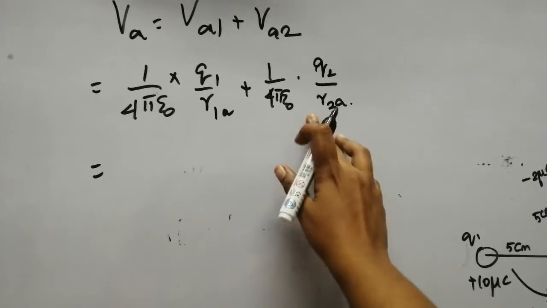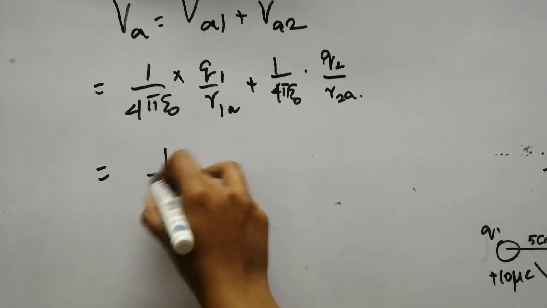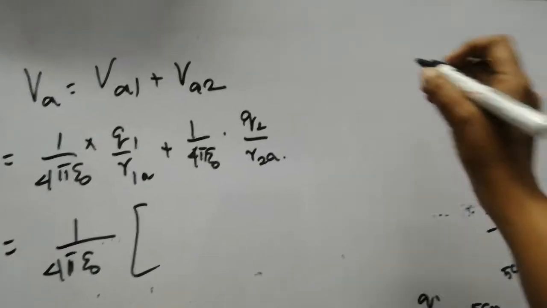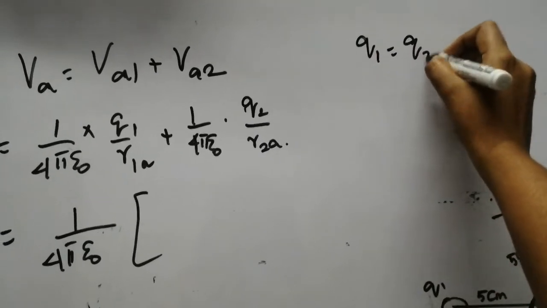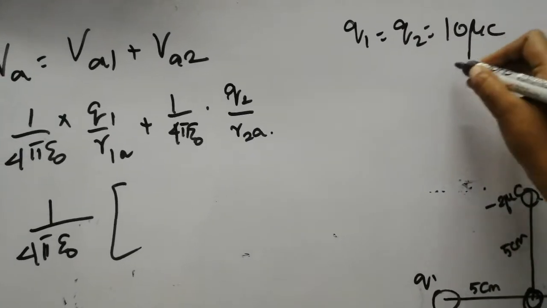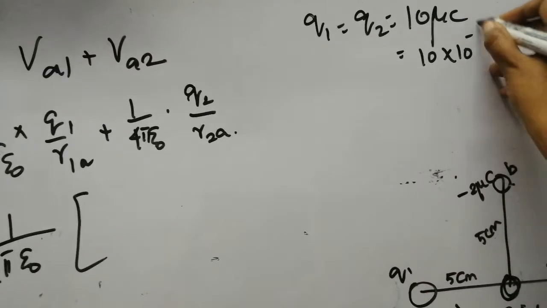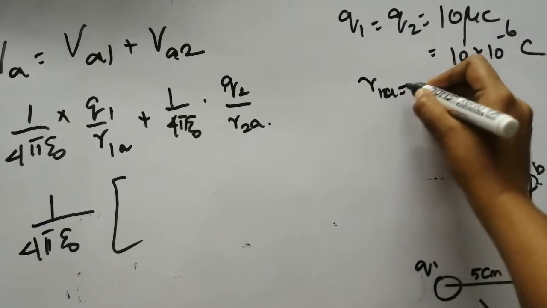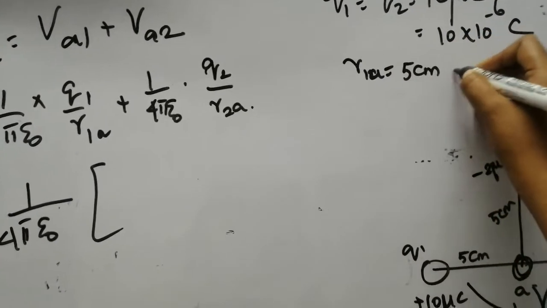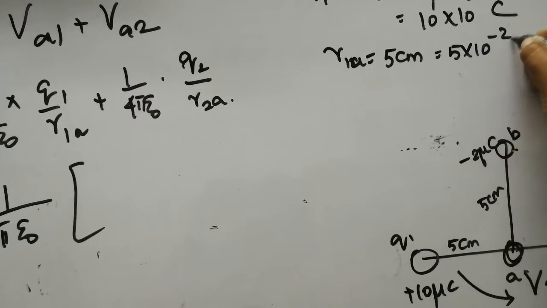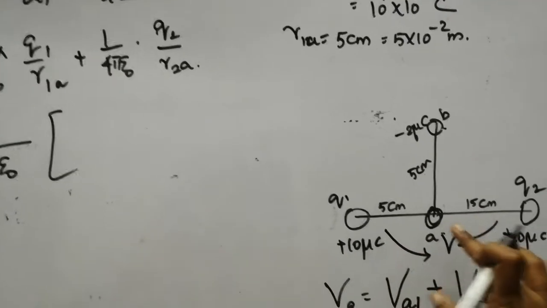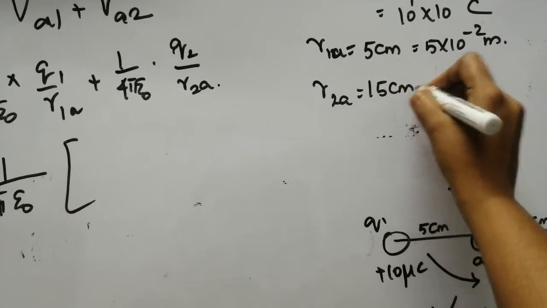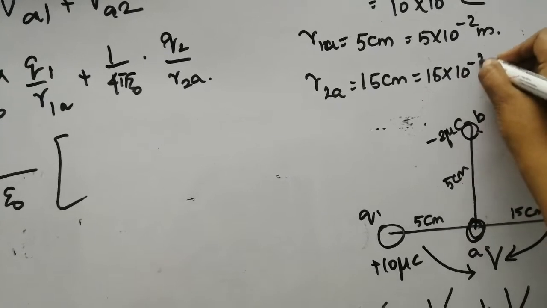Here 1 by 4 pi epsilon naught is common, so take it outside. Q1 and Q2 are both 10 microcoulomb, which is 10 into 10 to the power minus 6 coulomb. R1A is 5 centimeter, which is 5 into 10 to the power minus 2 meter, and R2A is 15 centimeter, which is 15 into 10 to the power minus 2 meter.